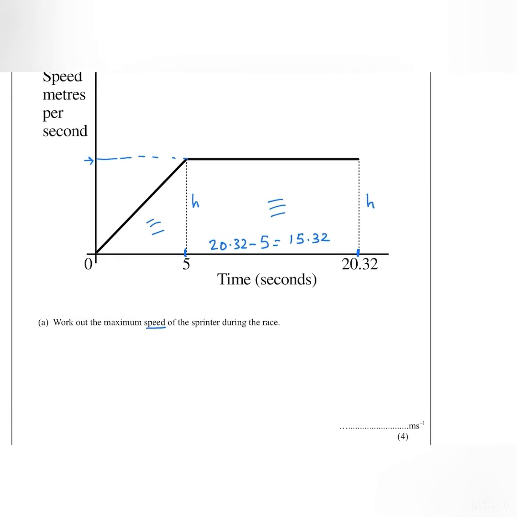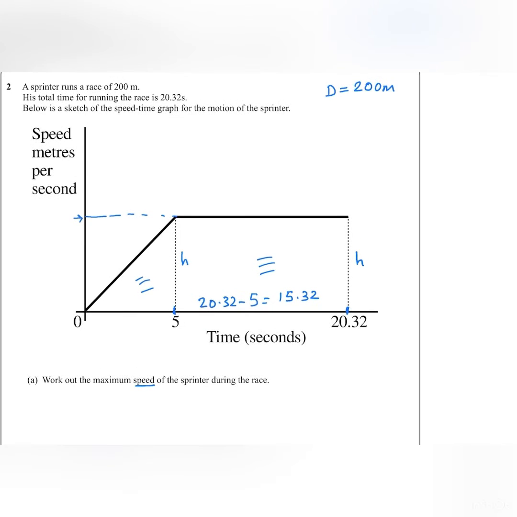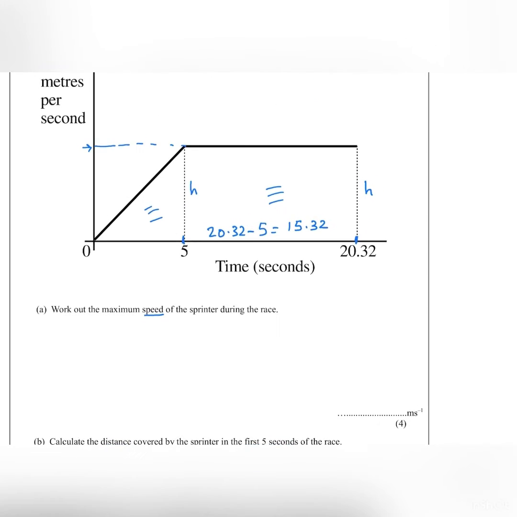The area of the rectangle and the area of the triangle make up the total distance covered in this question. So the area of the rectangle would be 15.32 times the height, and then add the area of the triangle. The area of the triangle is half times the base, which is 5, times the height. And that all equals 200.